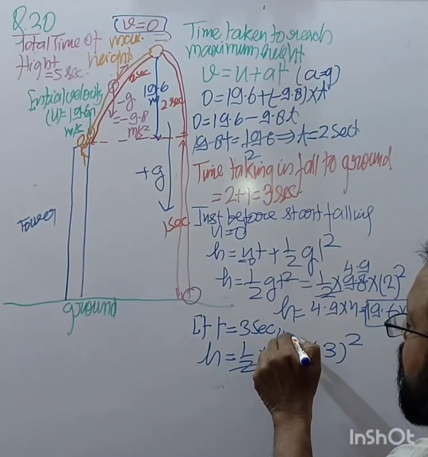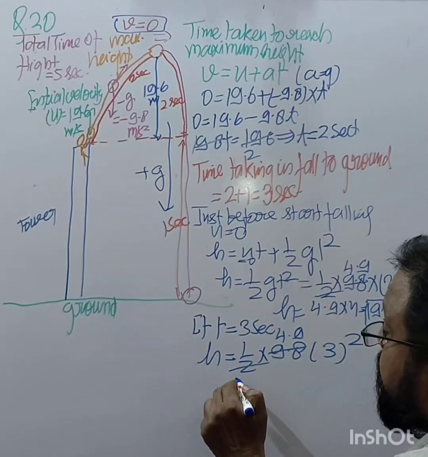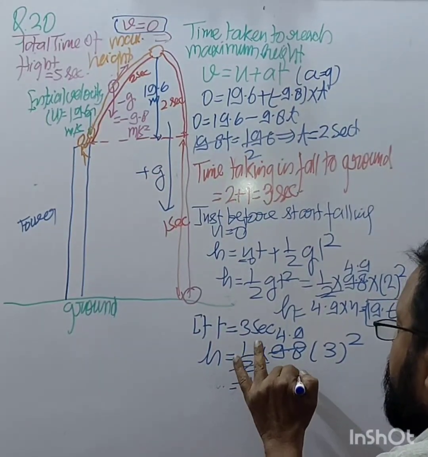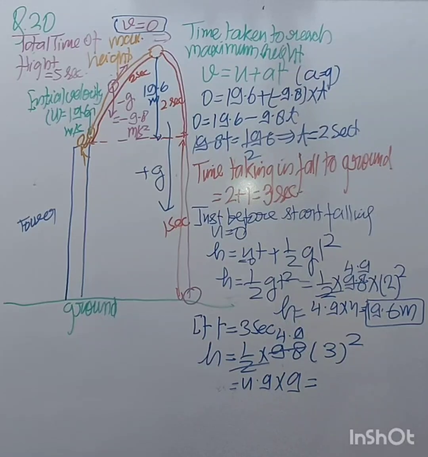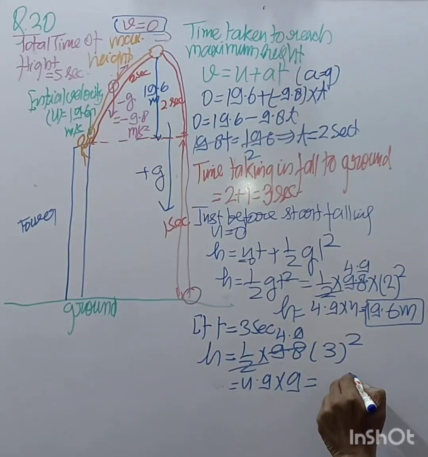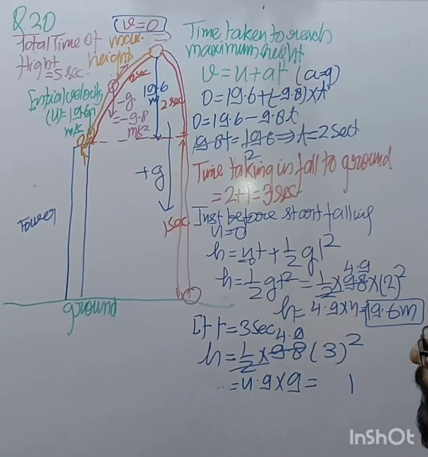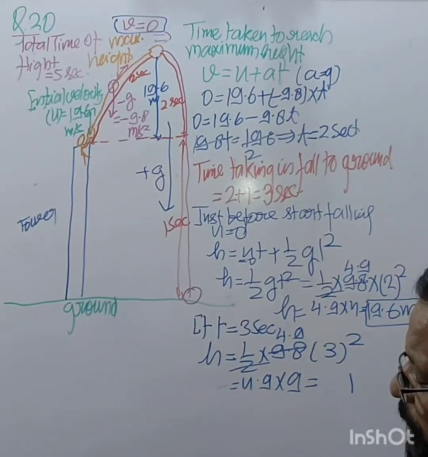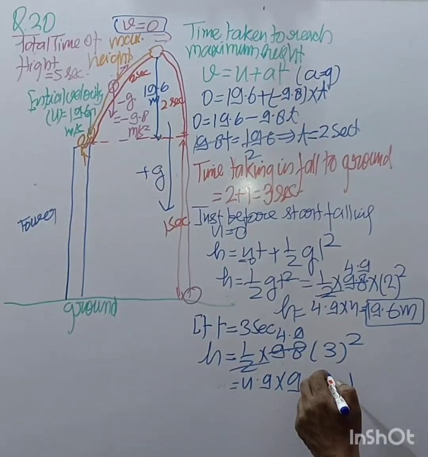It is 4.9 into 9. 9 times 9 becomes 81, we get 8 here. 9 times 4 becomes 36, plus 8 is 44.